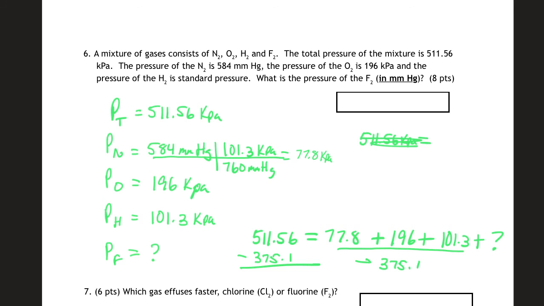So I need to round this so that I've got no decimal places. The answer I get in the calculator is 136.46. So the pressure of the fluorine is going to end up being 136, and the unit is kPa. No decimal places.